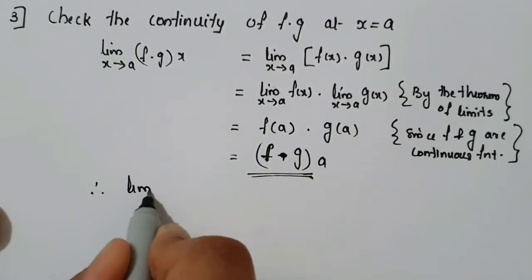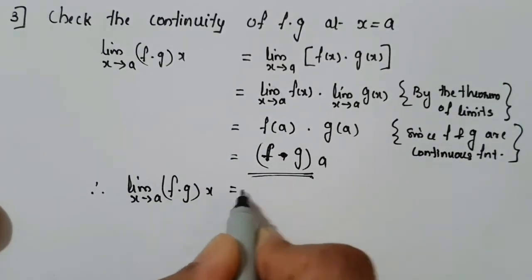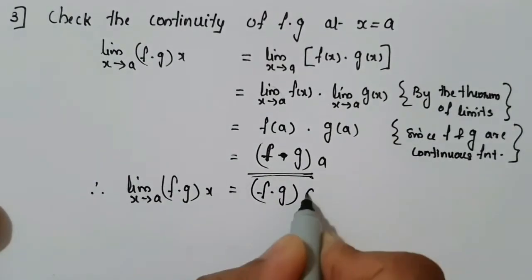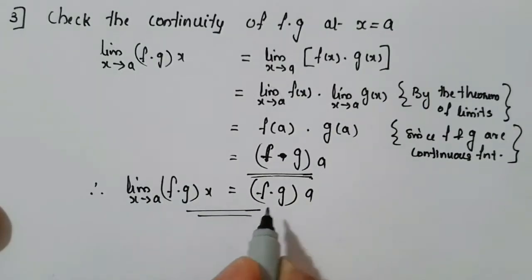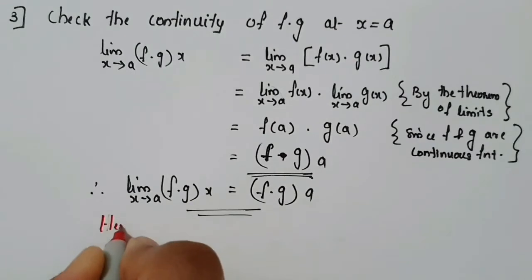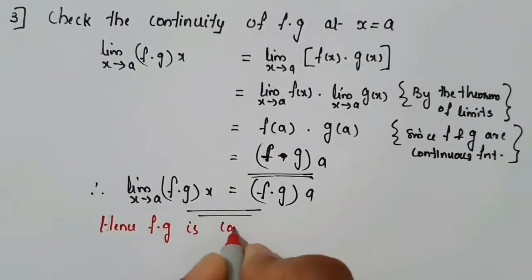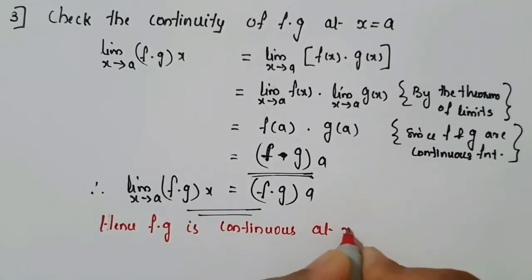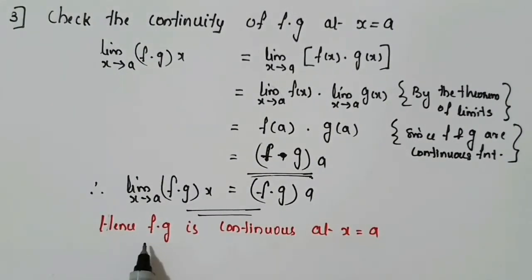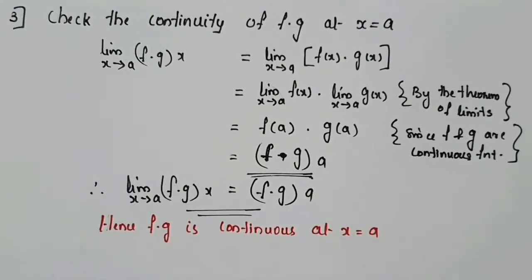Therefore, limit x tends to a, (f dot g) of x is equal to (f dot g) of a. That is, the limit of the function is equal to the value of the function at that point. Thus f dot g is continuous at x is equal to a. Thus, we proved the product of two continuous functions is continuous at x is equal to a.